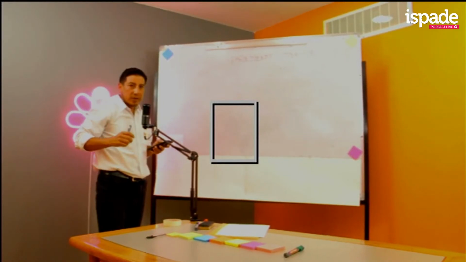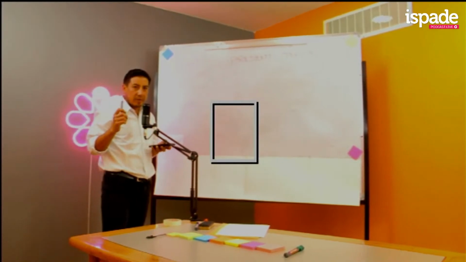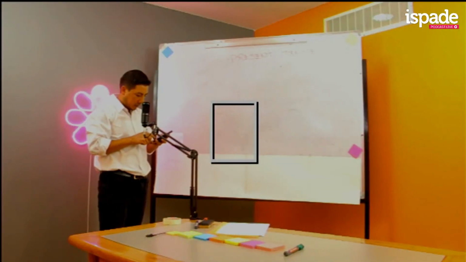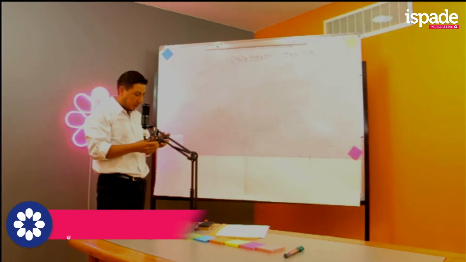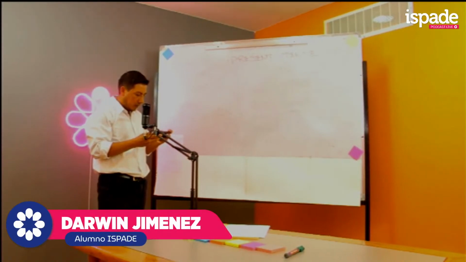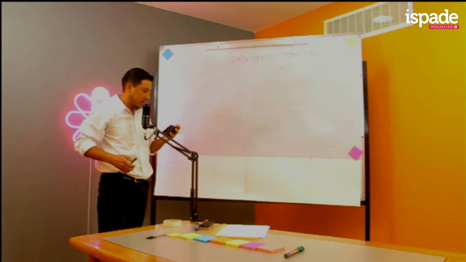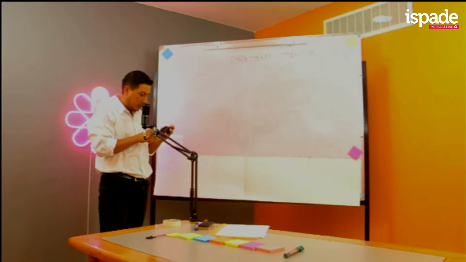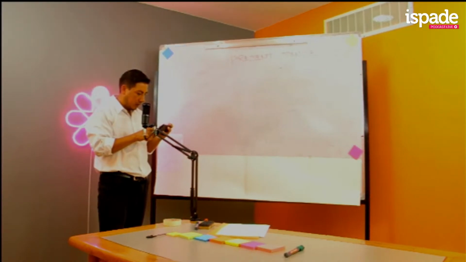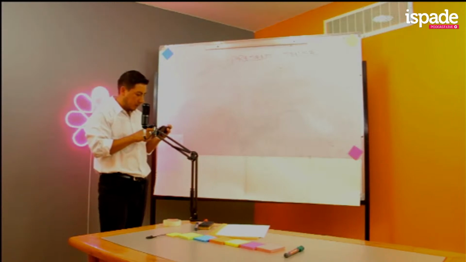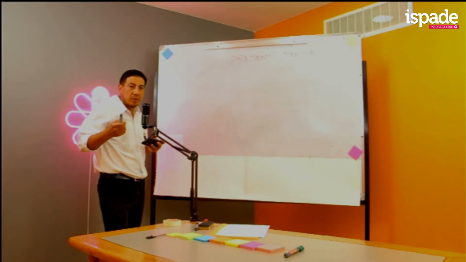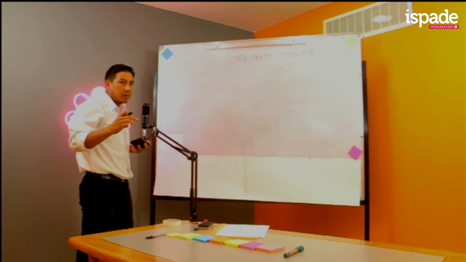Okay, to start with the present tense, I'm gonna give you some examples. Okay, the first example is this. I'm going to talk about the verb to be.